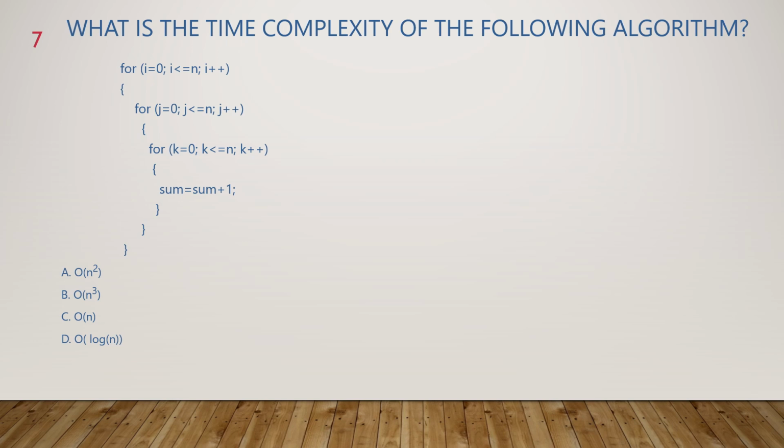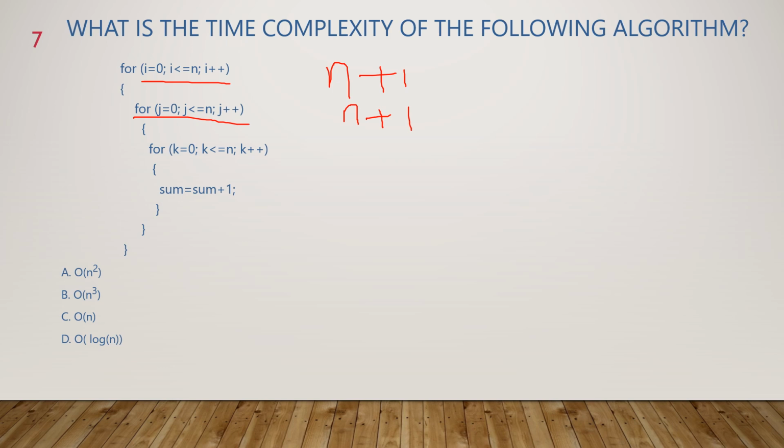The time complexity for the first loop is n plus 1 times. The second one is similar: j runs from 0 to n, so this is also n plus 1.